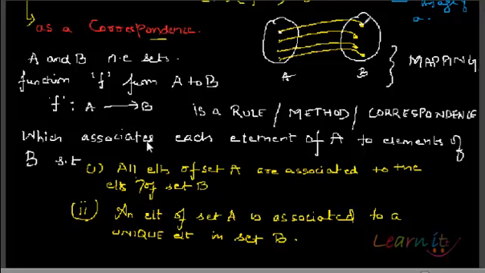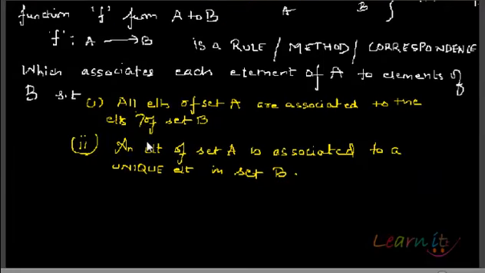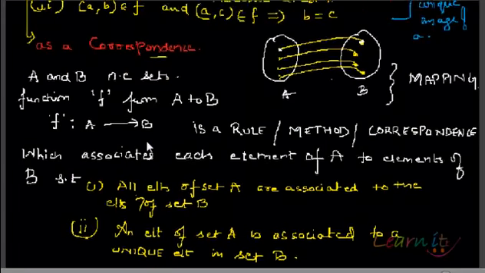So we can say that F goes from A to B. It's written either as F goes from A to B, or F from A to B is a mapping under F. Either way you can write it.